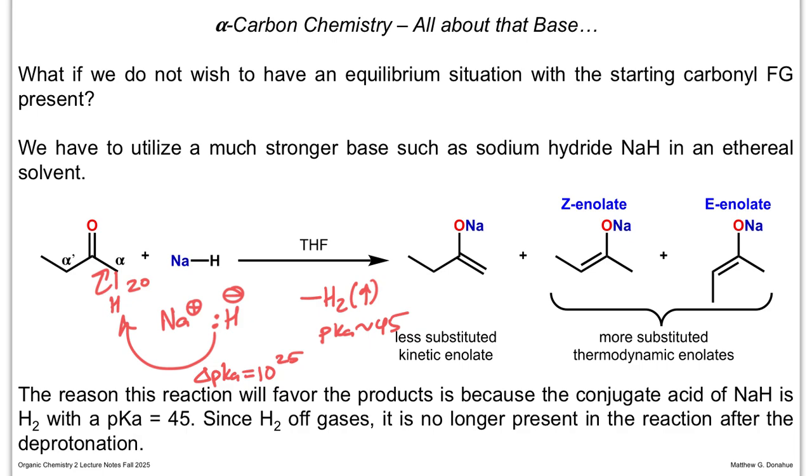But we're still left with the issue that that base is not discriminating between the 2 alpha carbons. So we need to think of other bases, other ways of biasing the starting material. By appropriately looking at the pKa table, we can affect the equilibrium of the acid-base reaction.